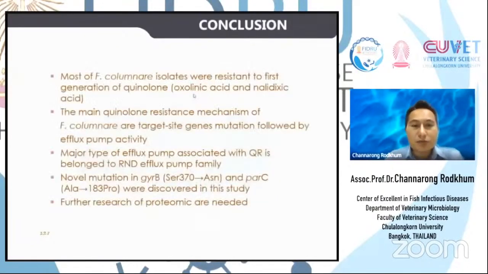In conclusion, most of the Flavobacterium columnare isolates were resistant to the first generation of quinolones, such as oxolinic acid and nalidixic acid. And the main quinolone resistance mechanisms of Flavobacterium columnare are target site gene mutation followed by efflux pump activity. The major type of efflux pump associated with quinolone resistance belongs to the RND efflux pump family.